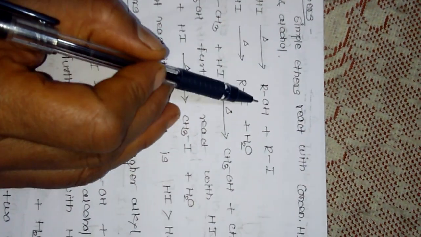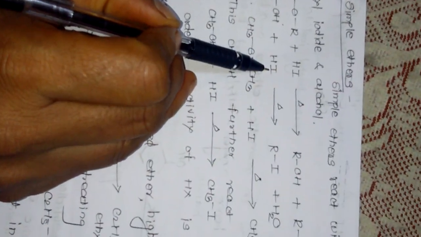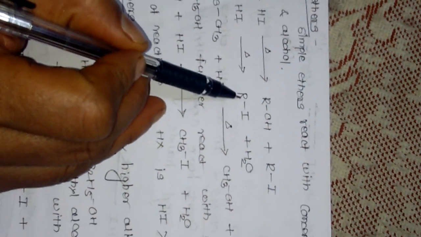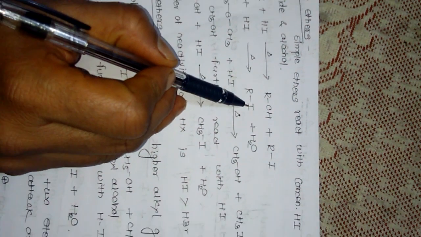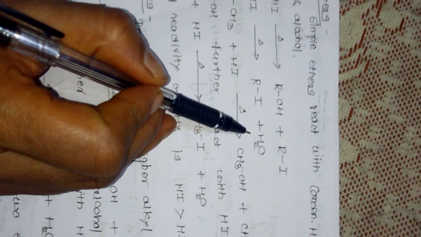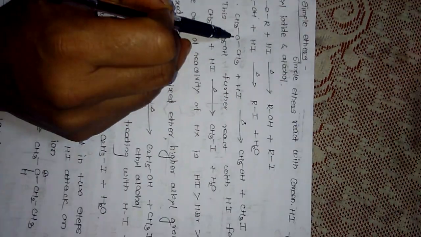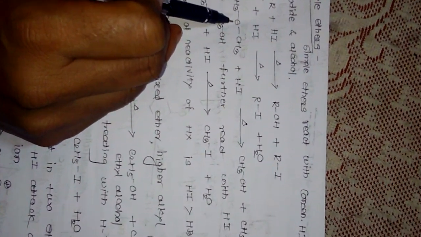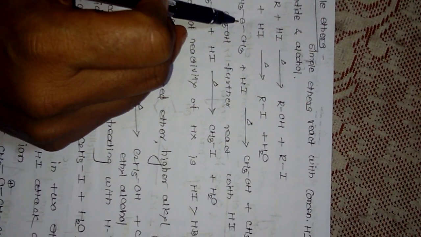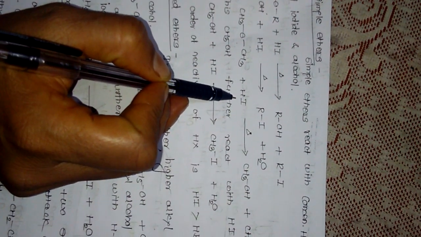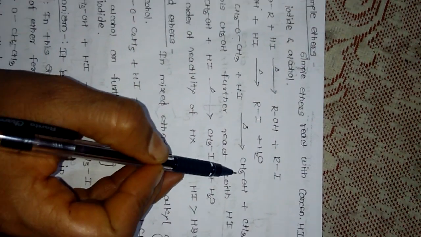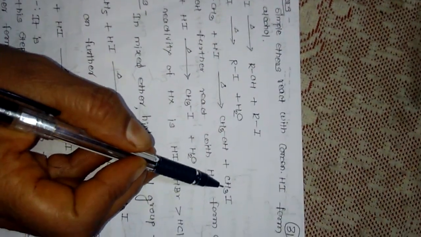This alcohol formed, when it again reacts with HI, forms alkyl iodide and a water molecule. See the example of dimethyl ether. When it reacts with HI, it forms one molecule of alcohol and one molecule of methyl iodide.